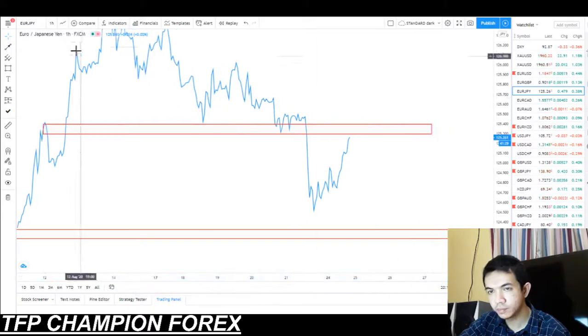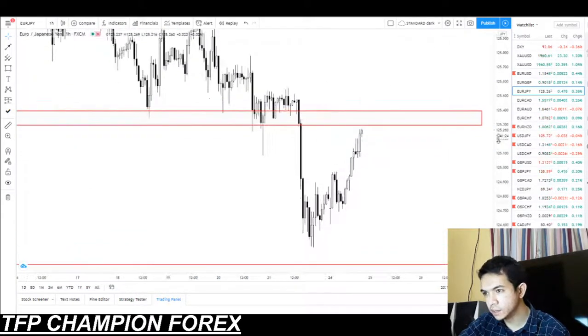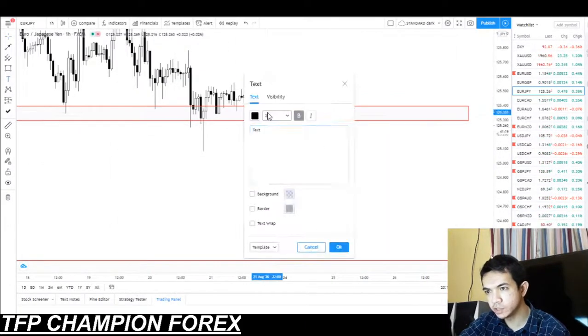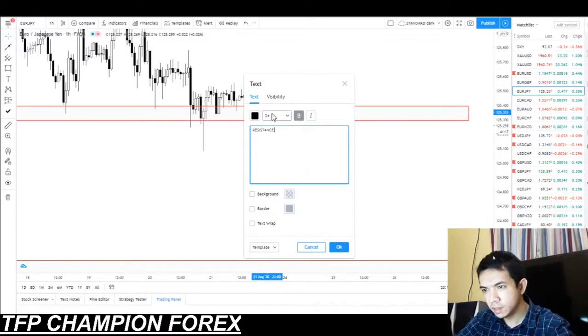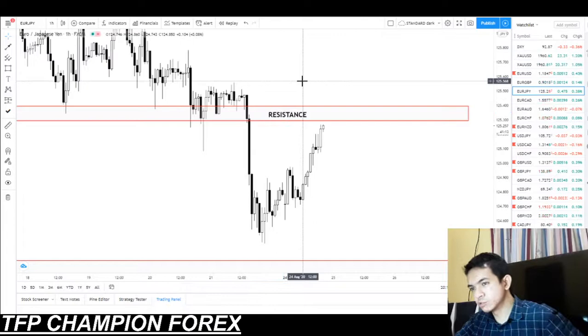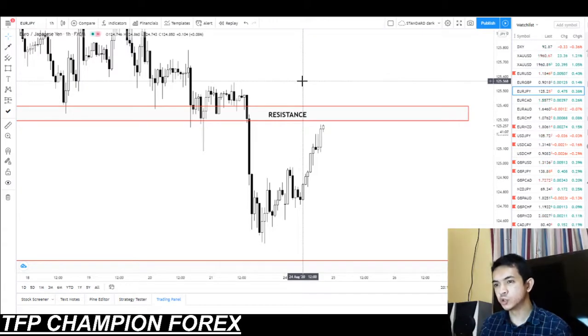Going back to the candlestick, I can see that the price is approaching my resistance level or zone. We already know that whenever we are at the key significant level of resistance, we would want to short or have a selling position at this level.